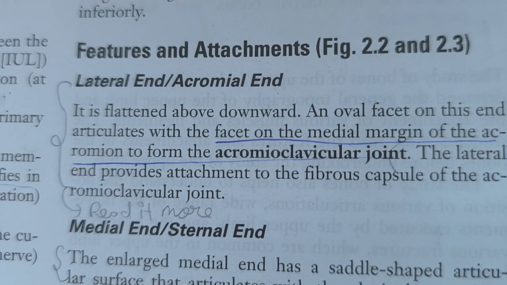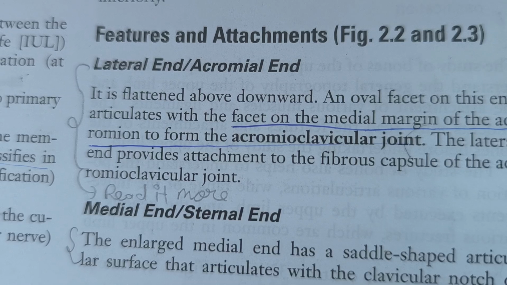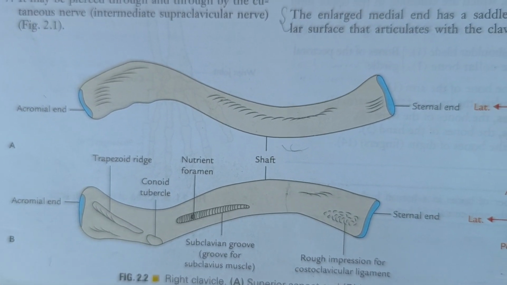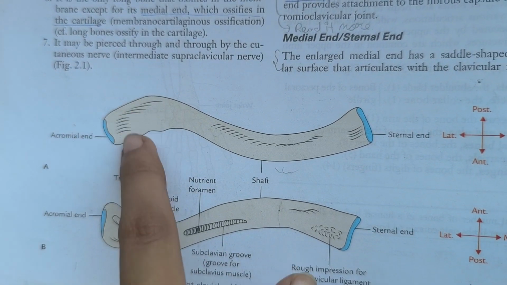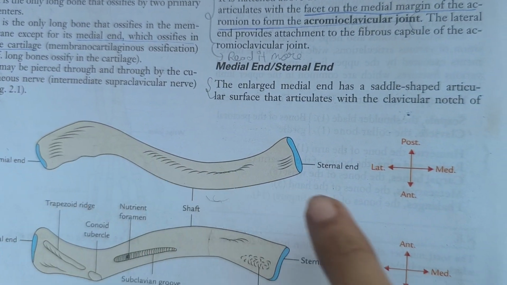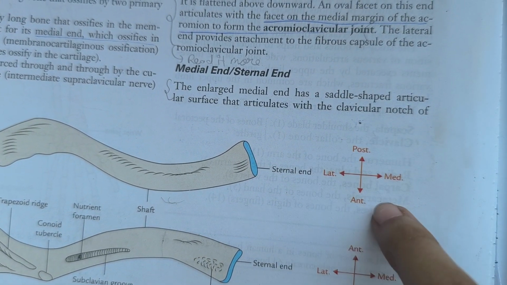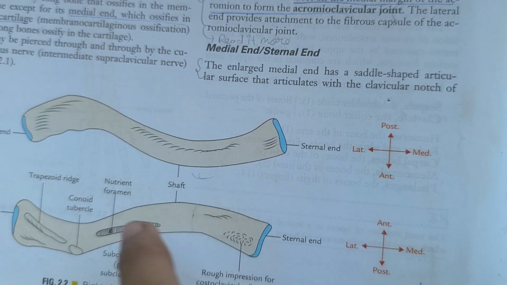Features and attachments. We need to see figures 2.2 and 2.3 first. Figure 2.2, figure A, shows the acromion process, acromial end and sternal end. See, this is the anterior, posterior, medial and lateral side.